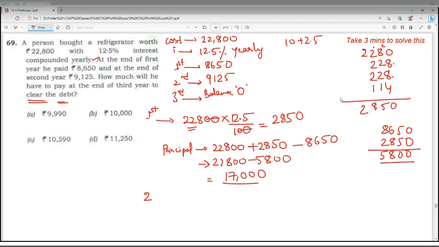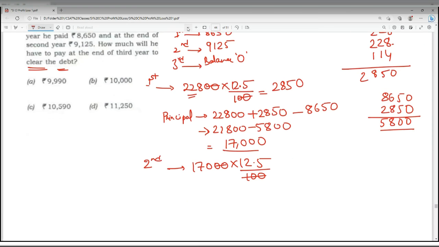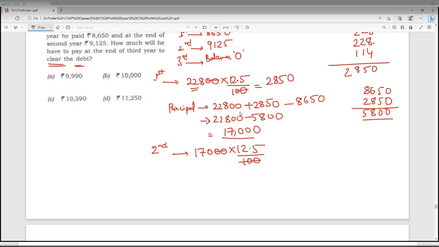Now the second year, the interest is again compounded at 12.5%. So 17,000 into 12.5 divided by 100. The 100 cancels, then I have 170 into 12.5.